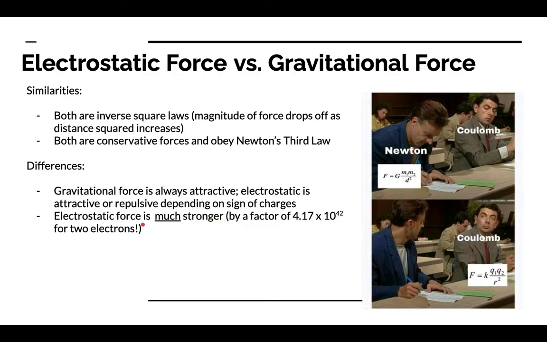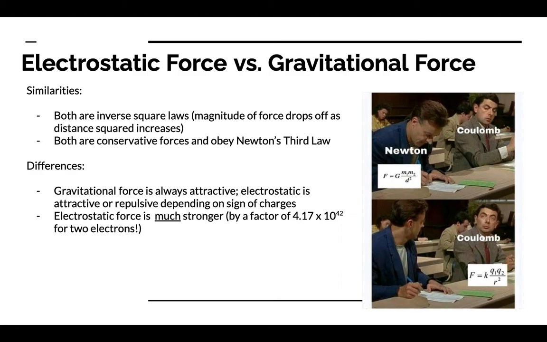You can notice this by the fact that, put it this way, in terms of what we've seen, if you take a PVC pipe that's not charged and place it near water, there'll be a gravitational attraction between the water and PVC pipe, but not nearly enough to cause the water to bend.